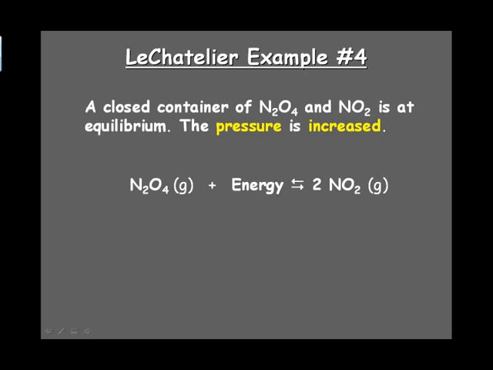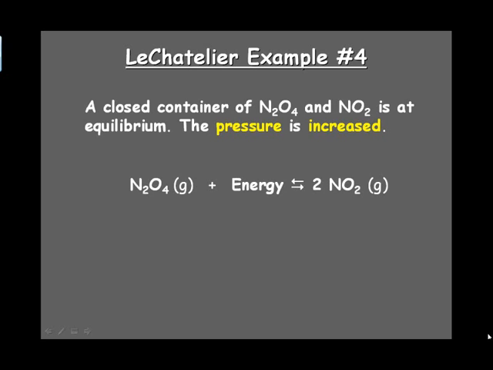When you decrease the volume, the reaction generally goes in the direction producing the least number of moles. So in this particular case, that's going to be a shift to the left. So again, when you increase pressure, you're making the volume of the container smaller, so the reaction's going to shift in the direction producing the least number of moles, which would be a temporary shift to the left.